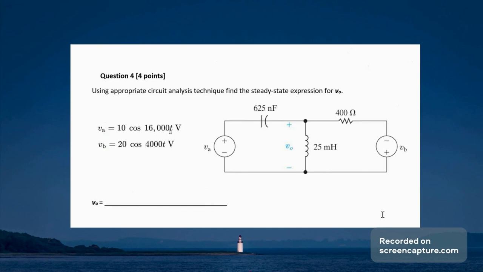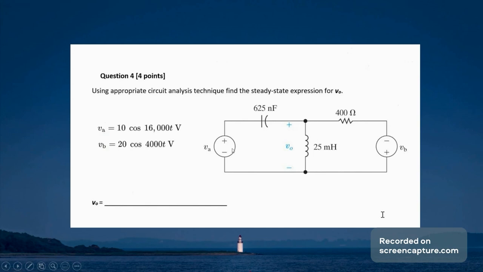Converting that to polar, we get 12.6 angle 18.4 volts, and putting that back into cosine form gives you 12.6 cosine 16,000 t plus 18.4 volts. So that is our steady state for just VA.